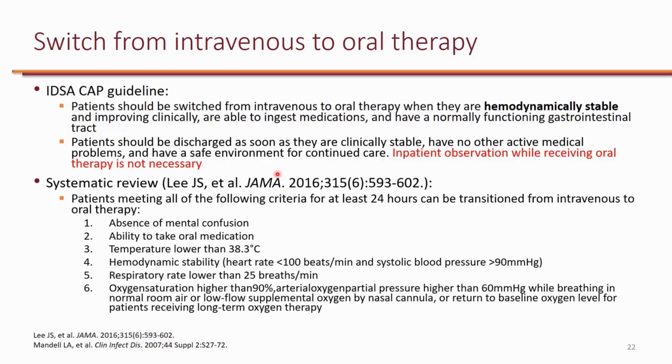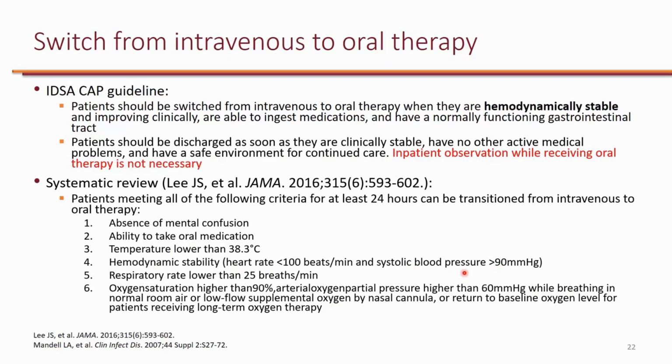Now, there was a systematic review published in JAMA in 2016 that looked at the evidence for criteria helping transition patients from IV to PO. So basically, absence of mental confusion, ability to take oral medications, absence of fever, hemodynamic stability, which is defined as heart rate less than 100 and systolic blood pressure greater than 90.